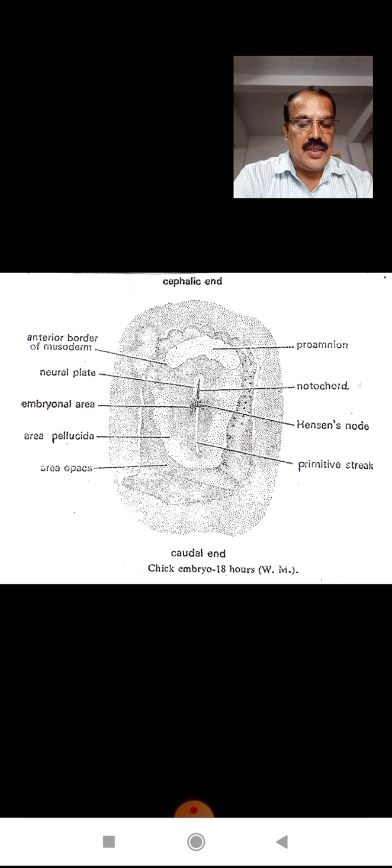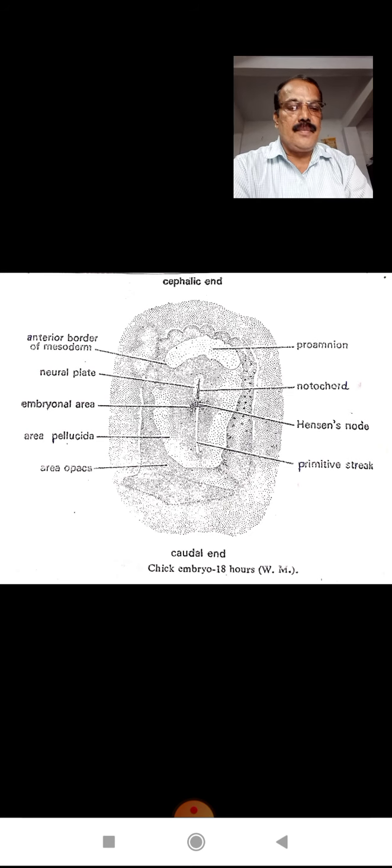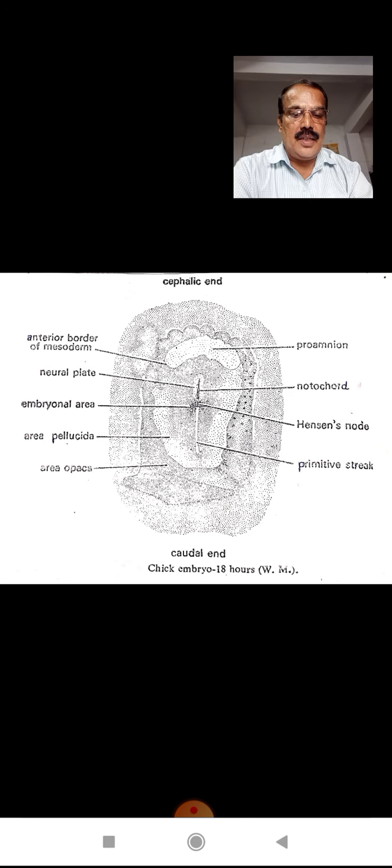18 hours chick embryo. The embryo has a central transparent area pellucida and a peripheral area opaca. Area pellucida is transparent because it overlies the blastocoele, whereas the area opaca is opaque because it overlies the yolk.